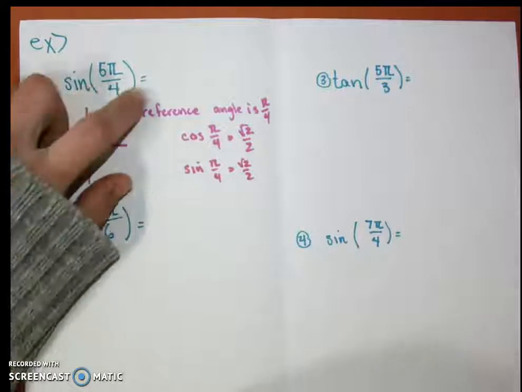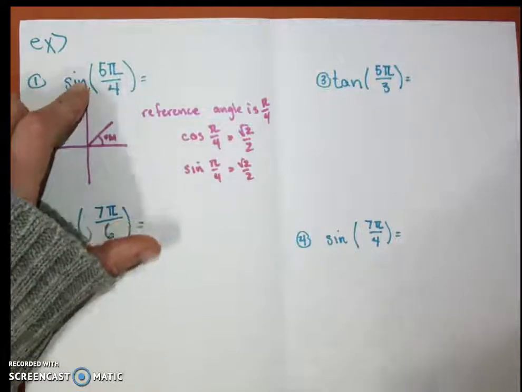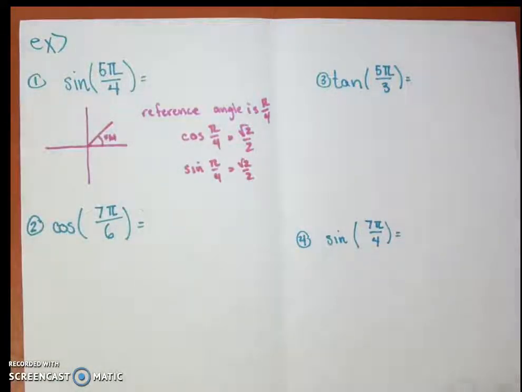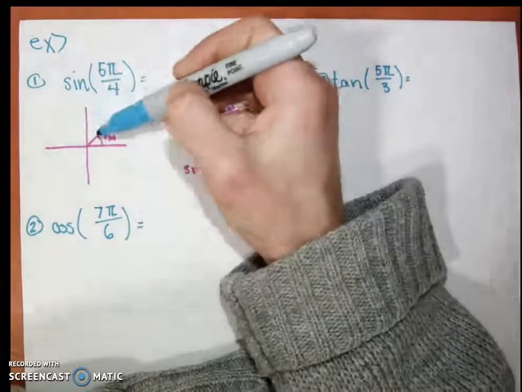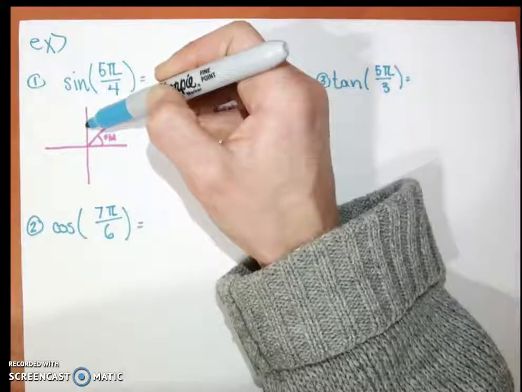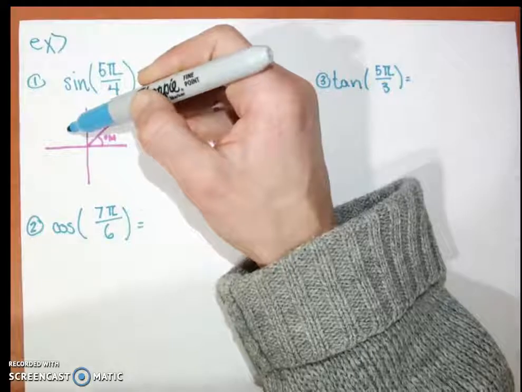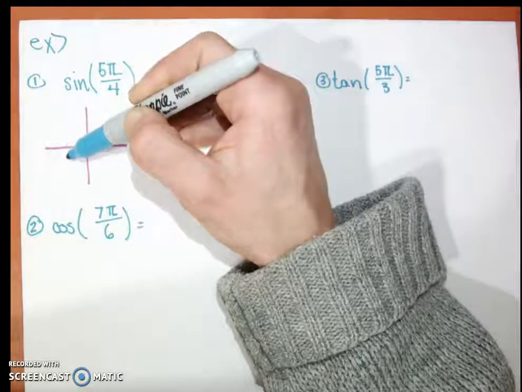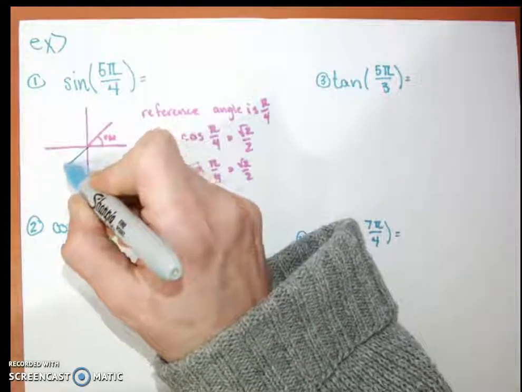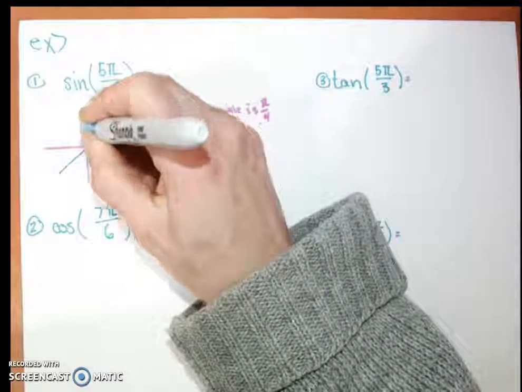But I'm interested in 5 pi over 4. So which quadrant is that in? Well, here's 1 pi over 4, 2 pi over 4, 3 pi over 4, 4 pi over 4, 5 pi over 4. So it's in quadrant 3.